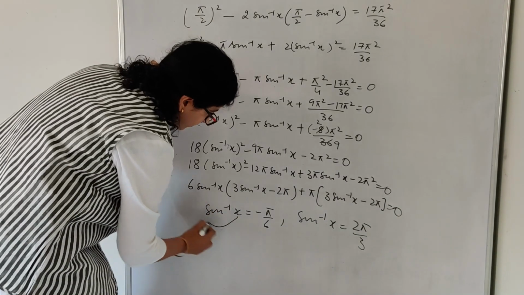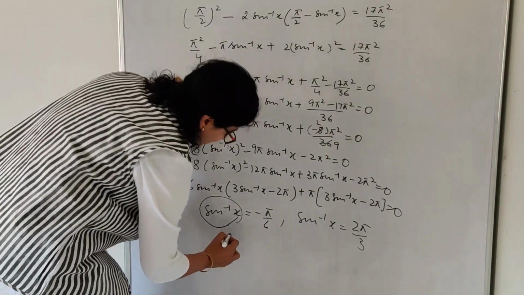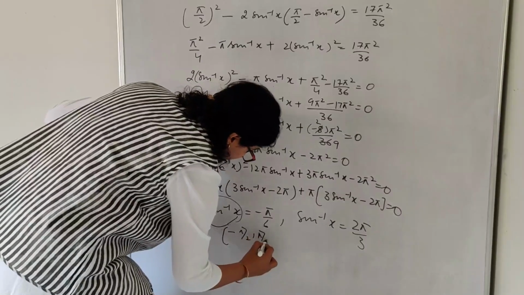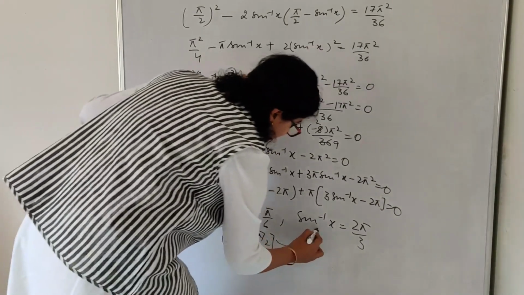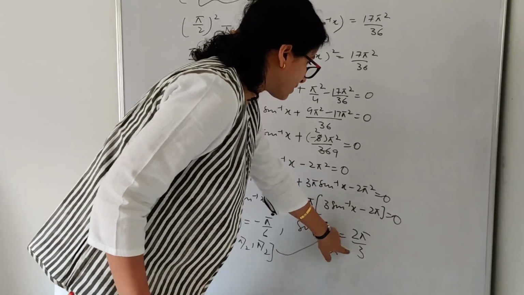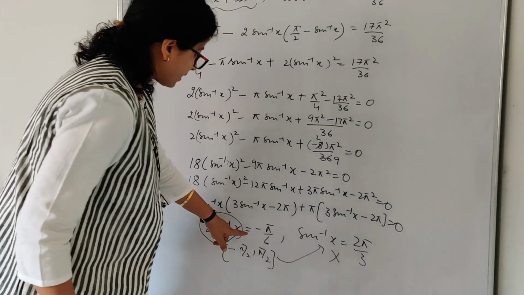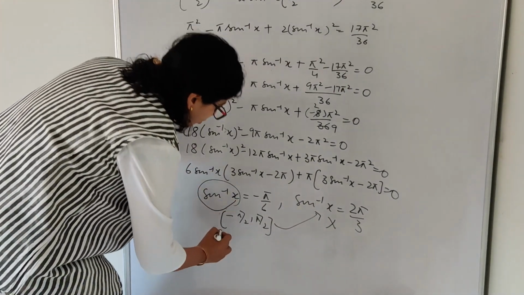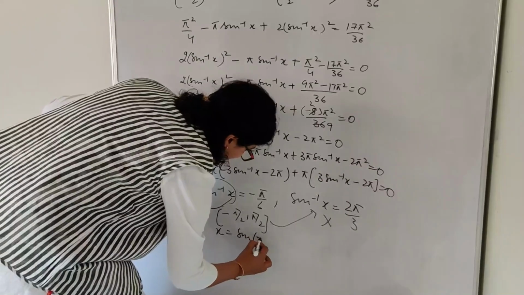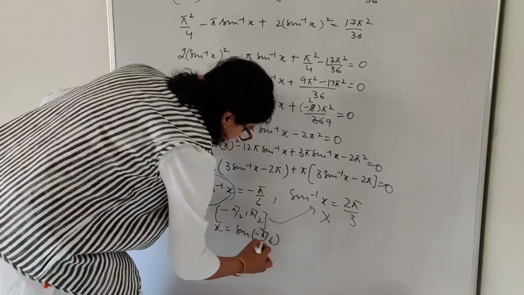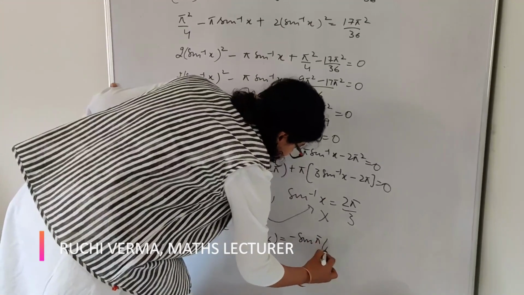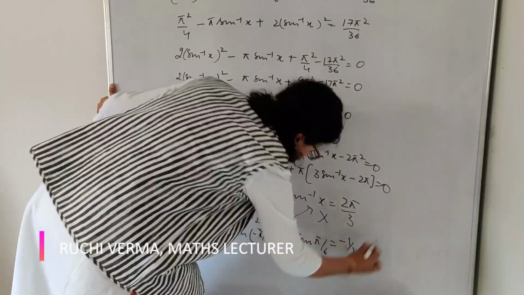What is the range of sine inverse x? It is the closed interval minus pi by 2 to pi by 2, right? This does not belong, so I cannot get the value of x from this part. I will get the value of x from this part. So x is equal to sine of minus pi by 6. Sine minus theta is minus sine theta, which is equal to minus 1 by 2.